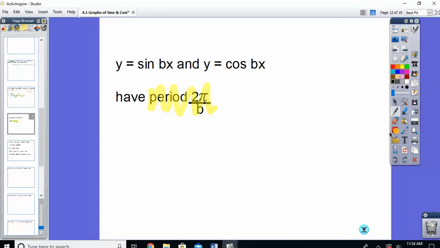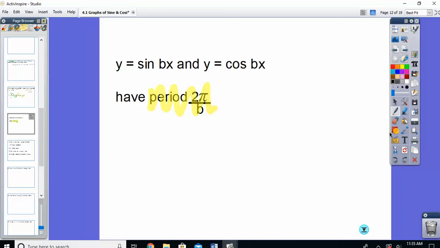So now we actually have the tools that we need to start graphing all these trig functions a little more quickly without actually having to plug in everything. When I give you a trig function, the first things I'm going to have you write down are the amplitude of the graph, which we know is the number in front.